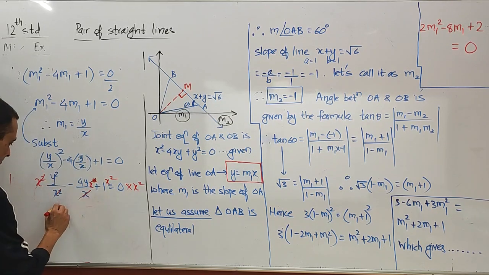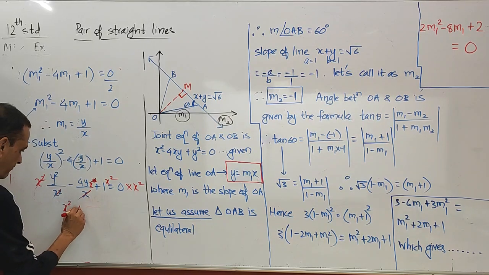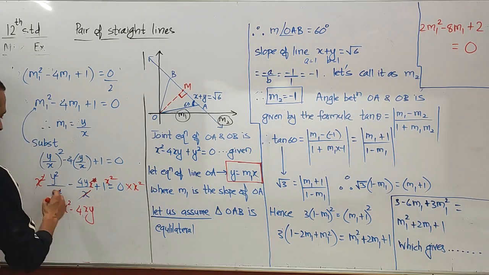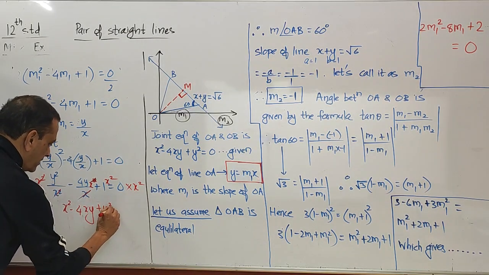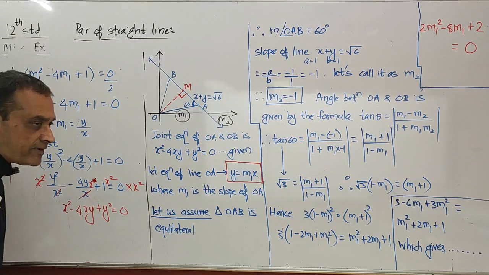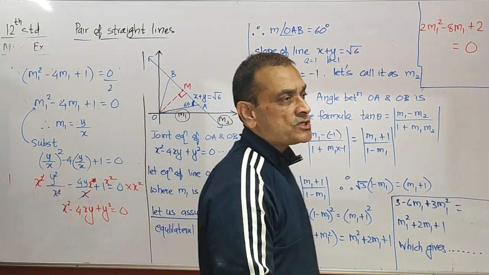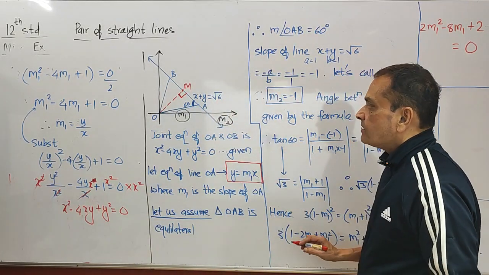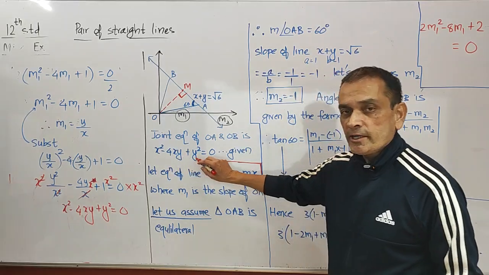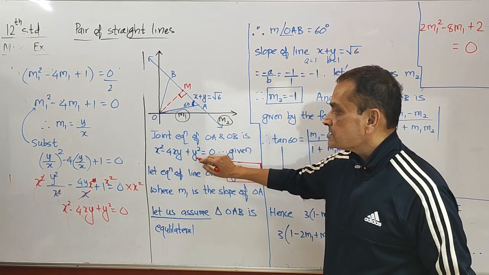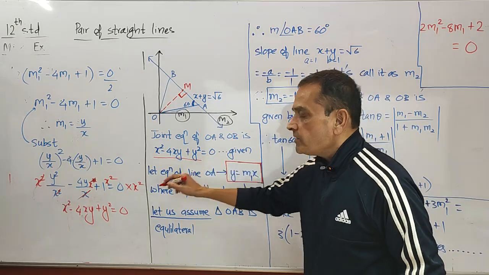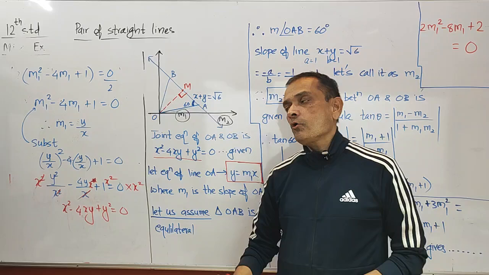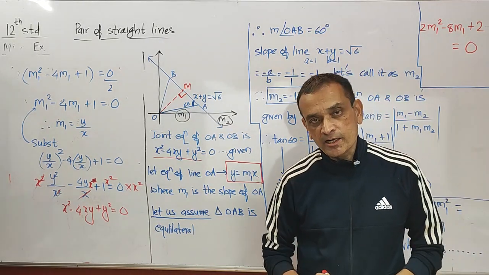So I get 1 into x squared minus 4xy, writing the equation in the reverse order, plus y squared equal to 0. तो सिंप्लीफाई करने के बाद after our assumption we are getting this equation which is what is given to us. देखो, joint equation of OA and OB is the same equation that we have found. Hence our assumption is correct. Therefore triangle OAB is equilateral.